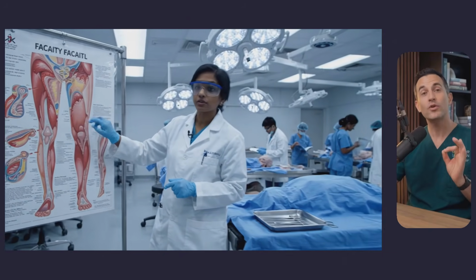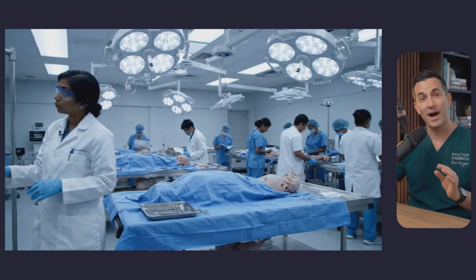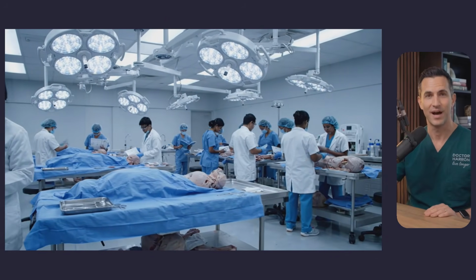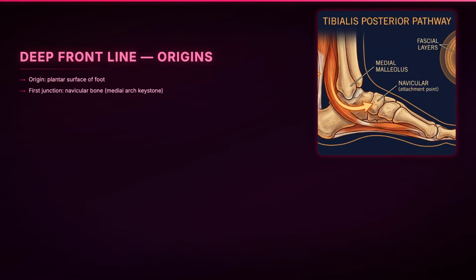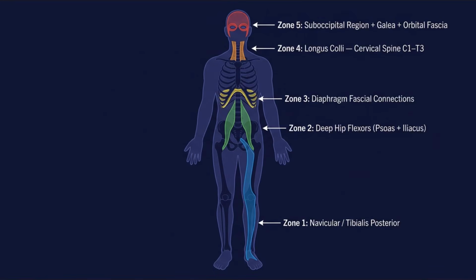Let me trace the path more precisely, because understanding it changes what you feel when you do the press. Thomas Myers' dissection work, verified in anatomy theaters and documented in the bodywork literature, shows that the deep front line originates at the plantar surface of the foot and ascends through the tibialis posterior, a muscle that runs along the back of the shin and wraps around the inner ankle before attaching at the navicular.